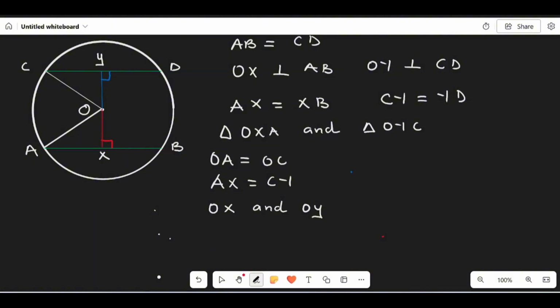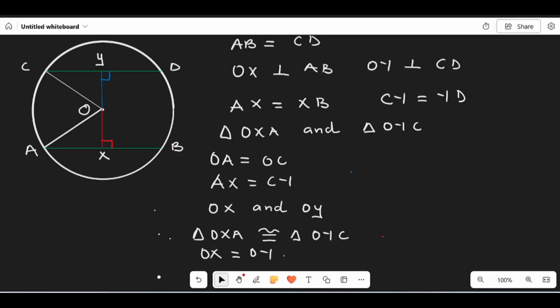Using right angle hypotenuse side congruency rule, triangle OXA is congruent to triangle OYC. Therefore, OX equal to OY, because corresponding parts of congruent triangles are equal.